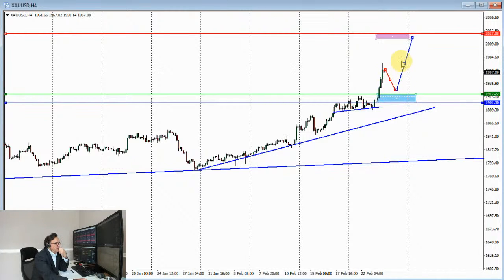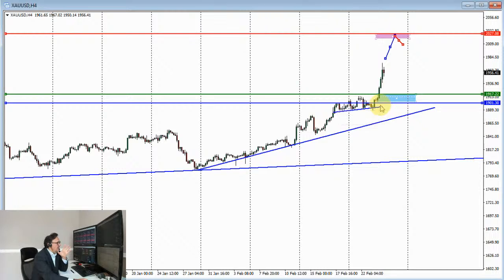Other than that, if we see a continuous rally from the current levels, it's quite likely that many other people would be looking to take profit up here. If they're already in this trade and they're seeing continuation to the upside, it's quite likely that we could see a bit of profit taking around this area, 2000, 2030, which could then cause a little bit of a correction.